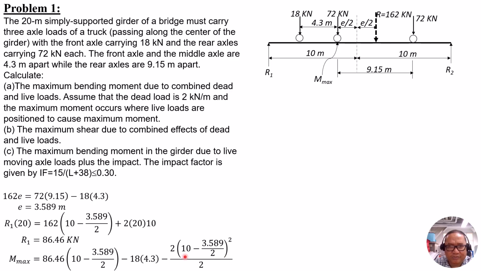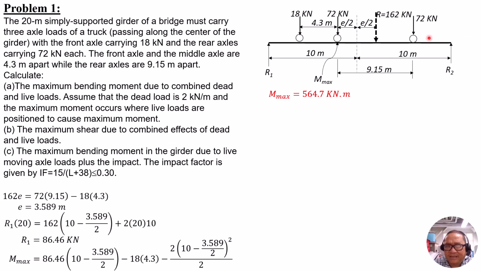So this is 2 times 10 minus 3.589 over 2. Then moment arm 10 minus 3.589 over 2, over 2. And that's why the last term looks like this. Solving for Mmax is equal to 564.7 kilonewton meter.